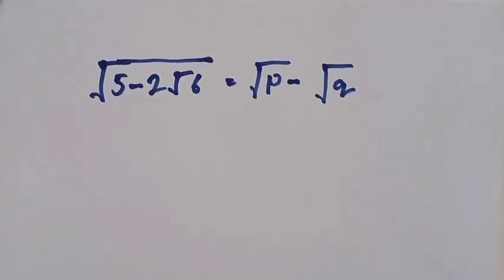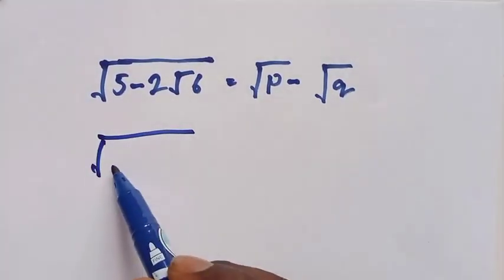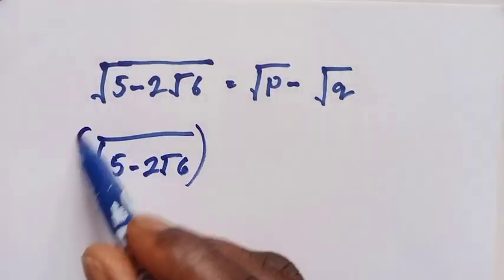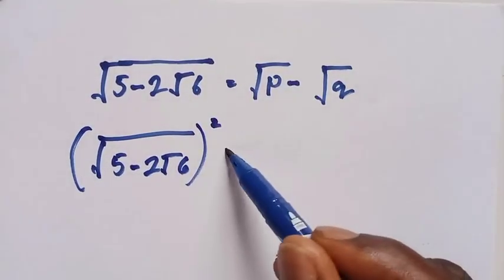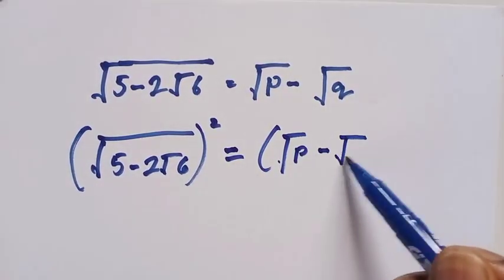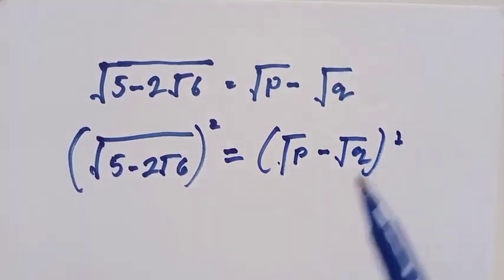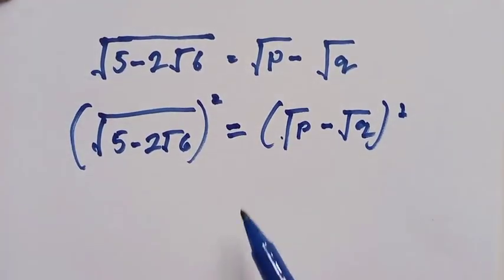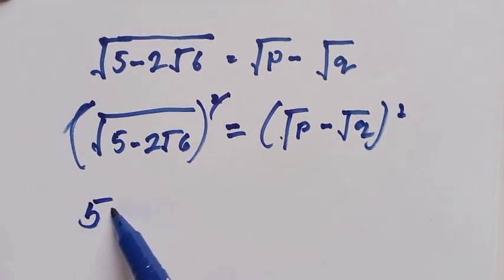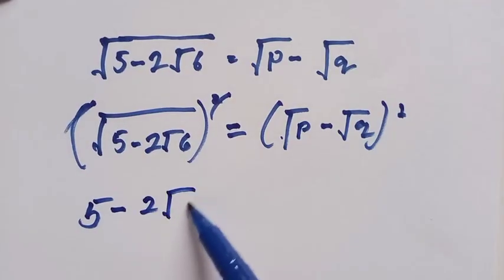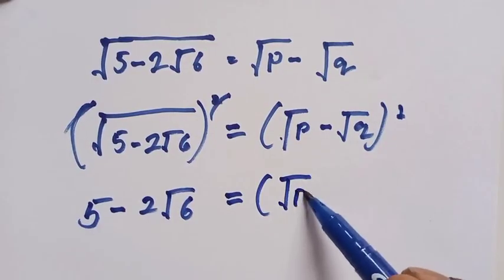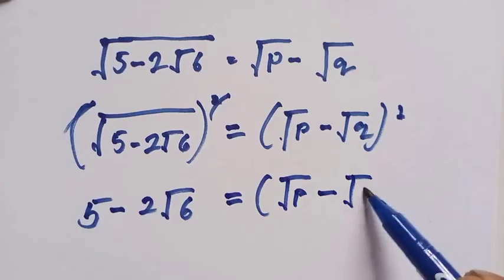Now, if we square both sides, we have root 5 minus 2 root 6 squared is equal to root p minus root q squared. So if this cancels this, we have 5 minus 2 root 6 is equal to root p minus root q squared.